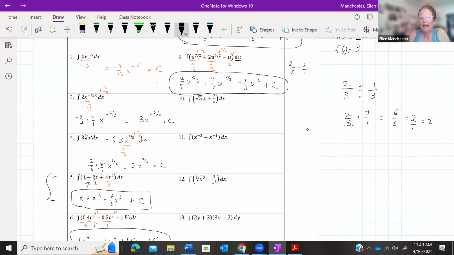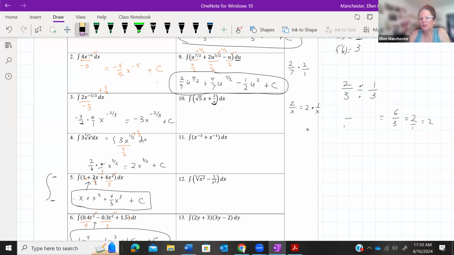Okay, so number 10, no questions on number 9? You guys good? Okay, number 10, you see this 2 over x? So 2 over x is exactly the same as 2 times 1 over x.